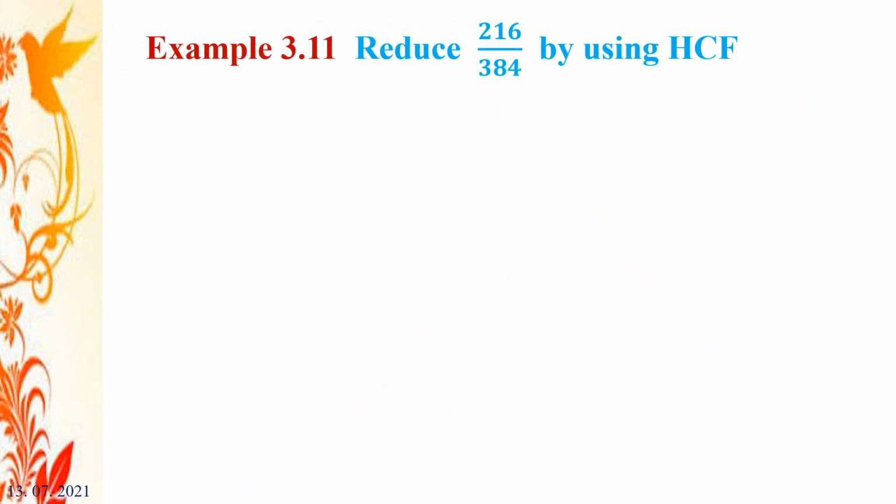Reduce 216 divided by 384 by using HCF. First take the numerator, that is 216, and find all the factors of 216, that are 2 multiplied with 2 multiplied with 2 multiplied with 3 multiplied with 3 multiplied with 3.